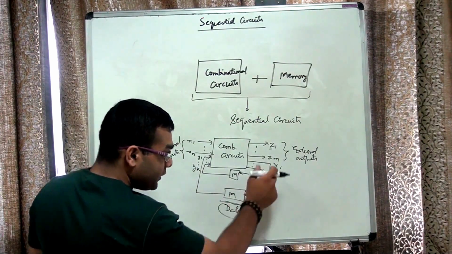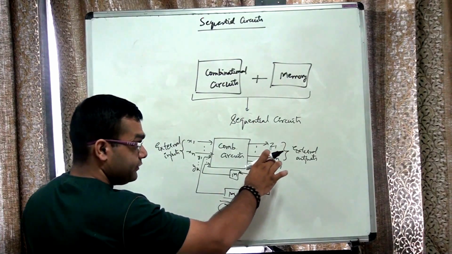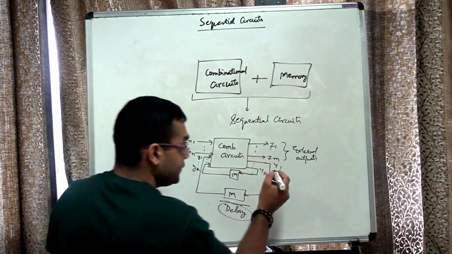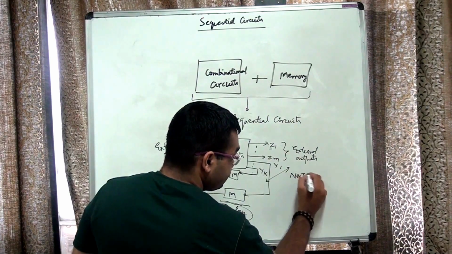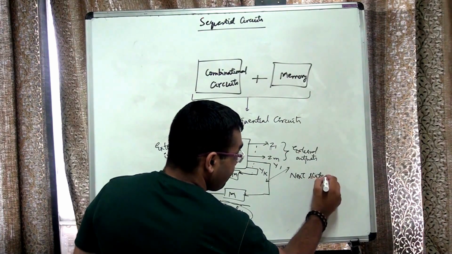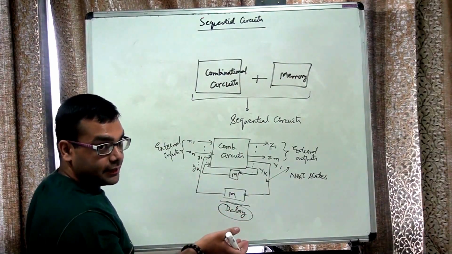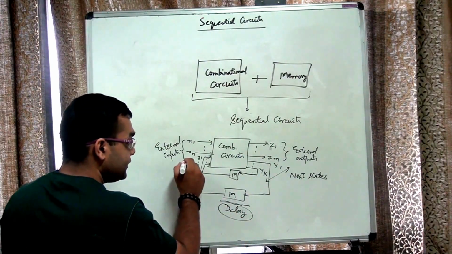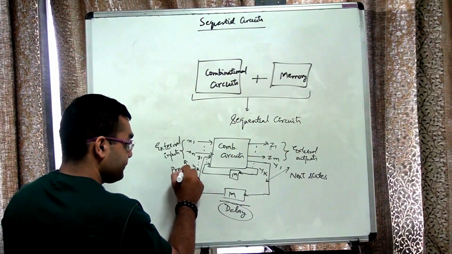So these capital Y1 to capital Yk at the output are called our next states, because these are something that are expected to arrive in the next cycle. And these small y1 to yk are called the present states.